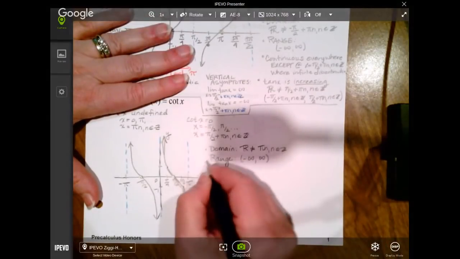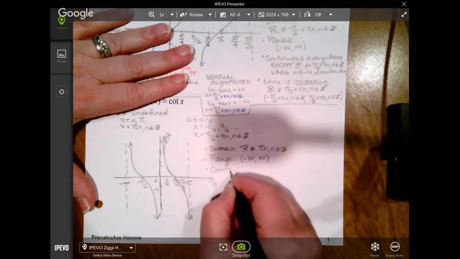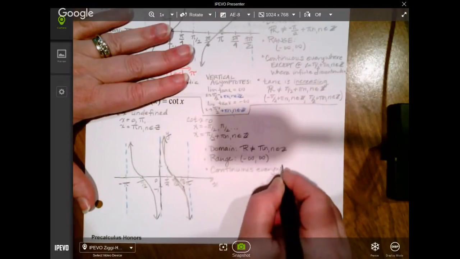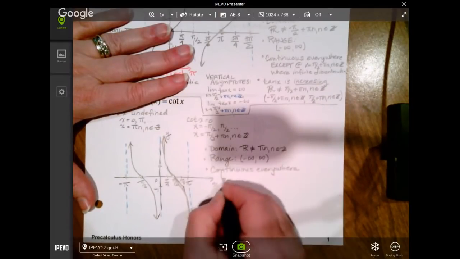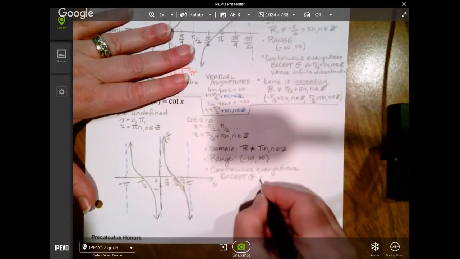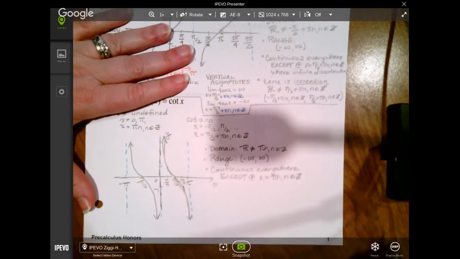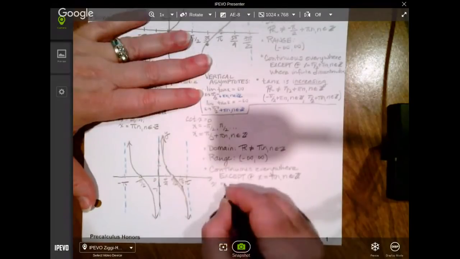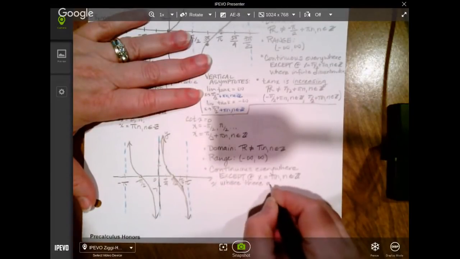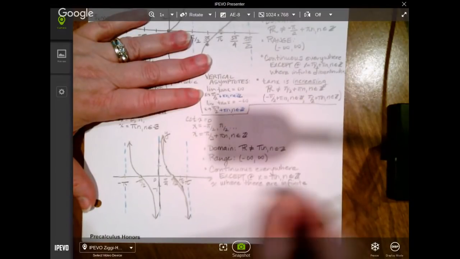This function is also continuous everywhere except at x equals pi n, n an element of the integer set, where the asymptotes are, where there are infinite discontinuities.